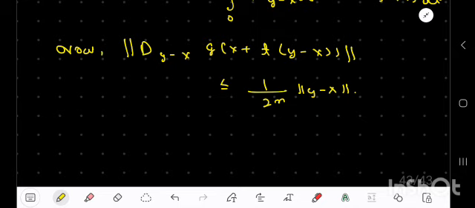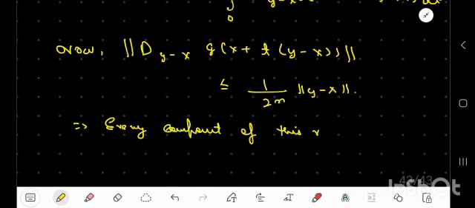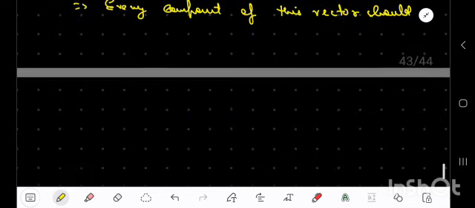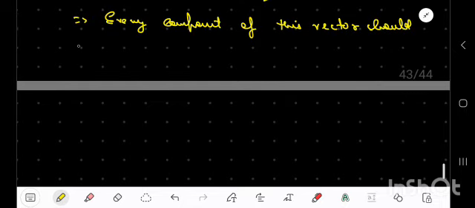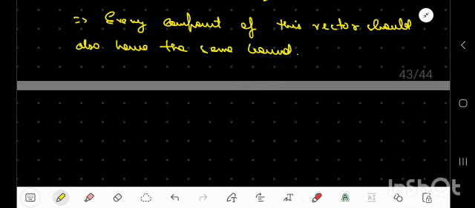Thus every component should also have the same upper limit. This implies that every component of this vector should also have the same bound.